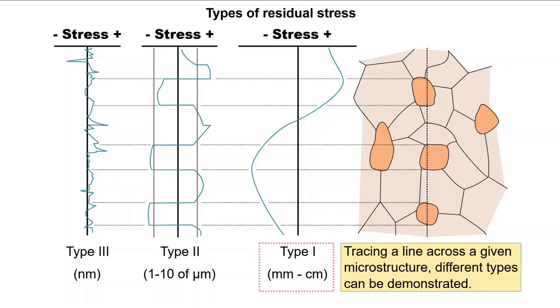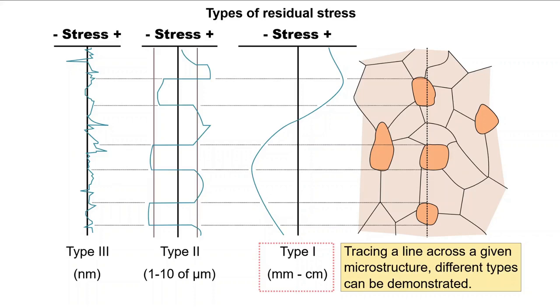Type 2 and 3 are not that important to consider from a practical engineering perspective, but they are when it comes to measuring type 1 stresses, as the type 2 and type 3 aspects can affect some techniques, such as diffraction with X-rays or neutrons. Measurement of type 1 stresses is often required as they can affect the performance and design of engineering systems.